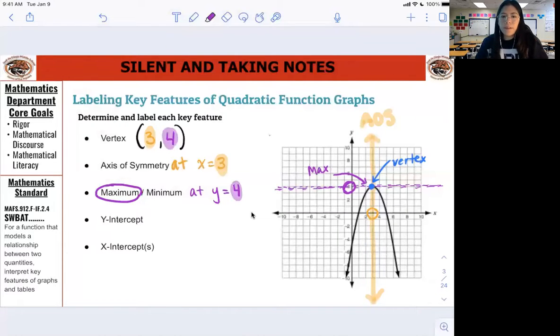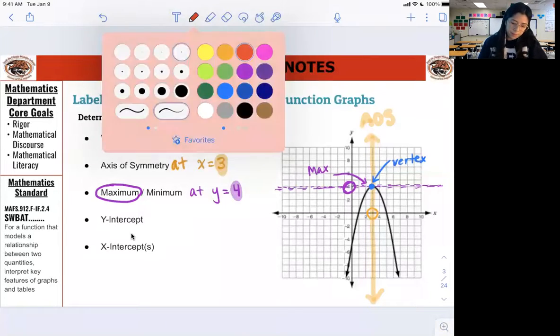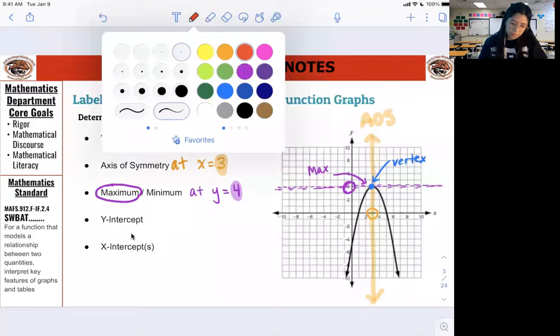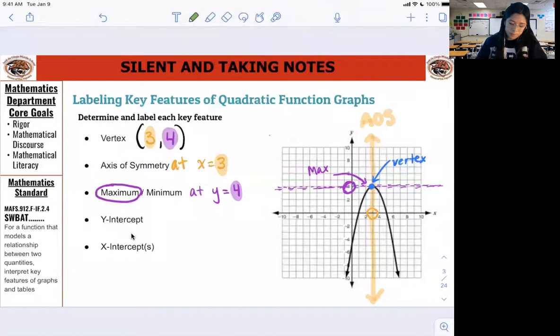Okay. Now moving on. Where's the y-intercept? Go ahead and send it to me in the chat, just like before. Good. Lauren, can you share your answer, please? -5.